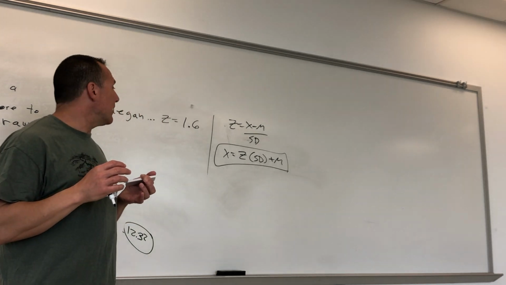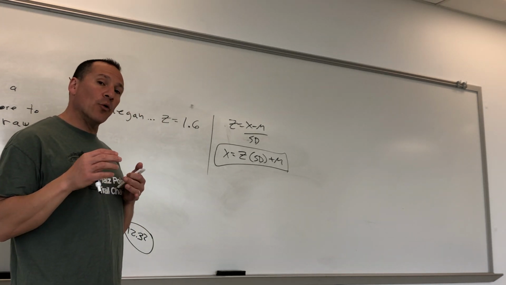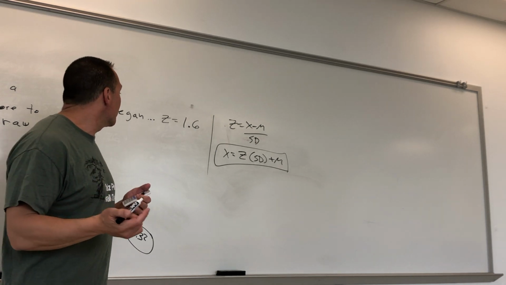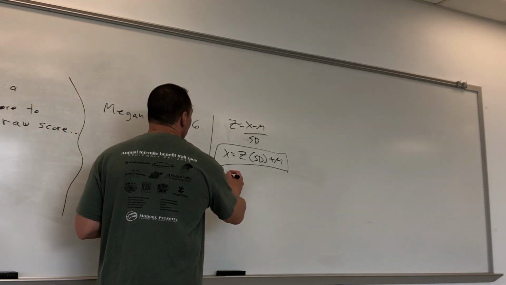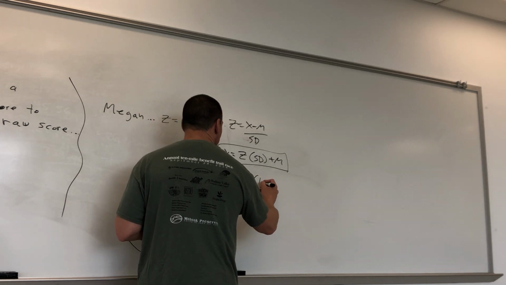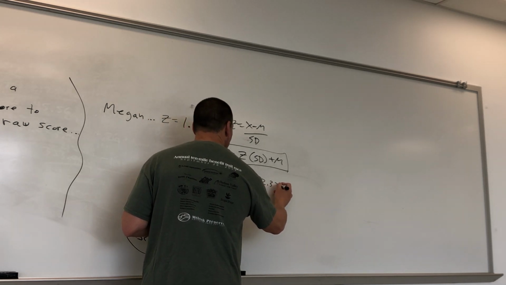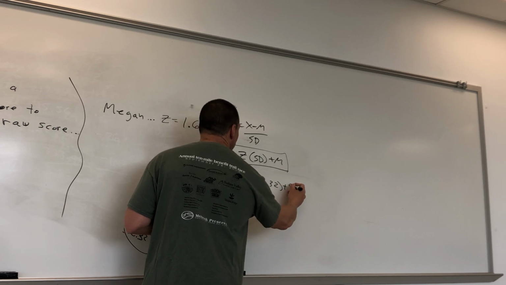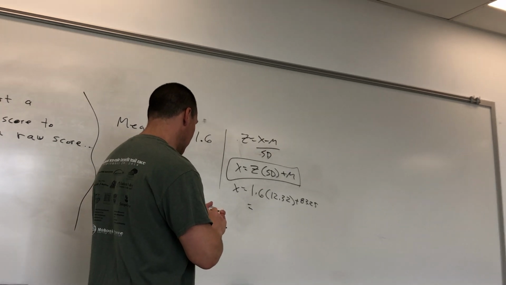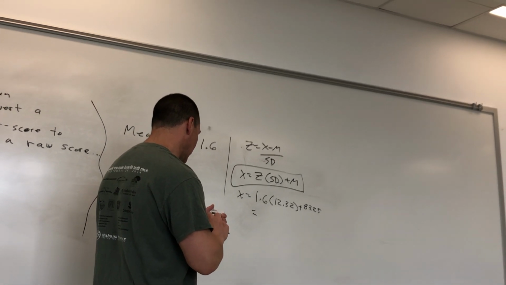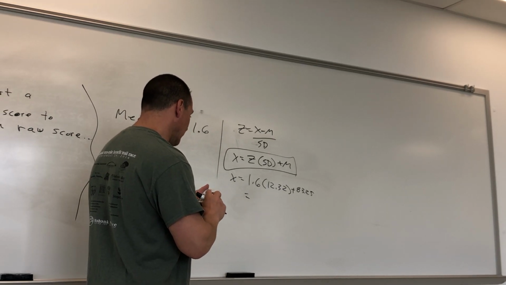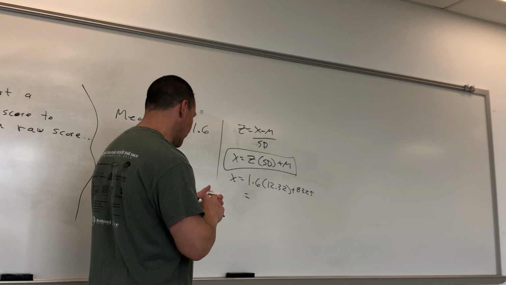So now, if we know that Megan's z-score is 1.6, how can we figure out what raw score that would correspond to? So let's take a look. X, or the raw score, would equal that z-score, 1.6, times the standard deviation of 12.32, plus the mean of 83.25. 1.6 times 12.32, which is 19.71, plus 83.25.